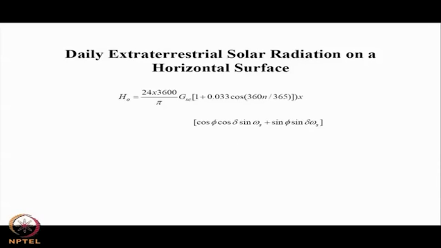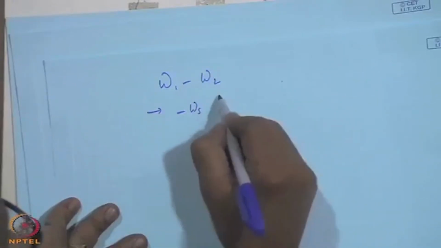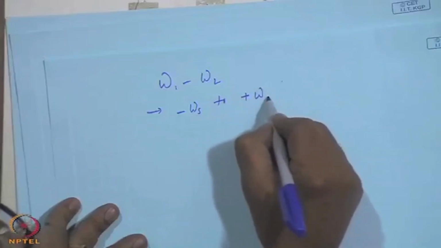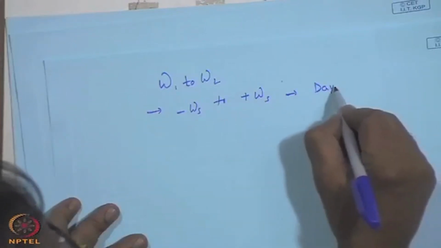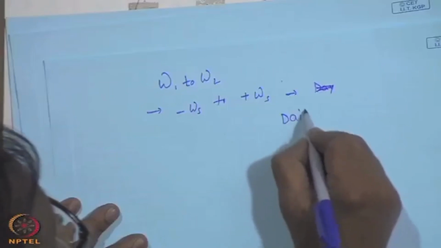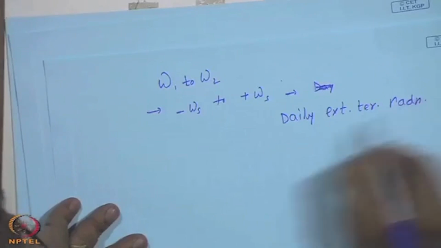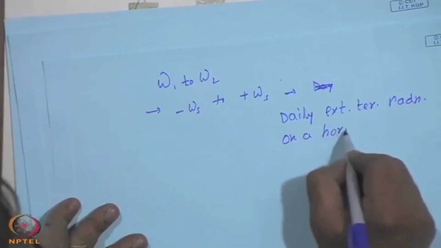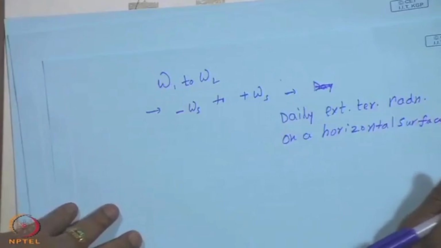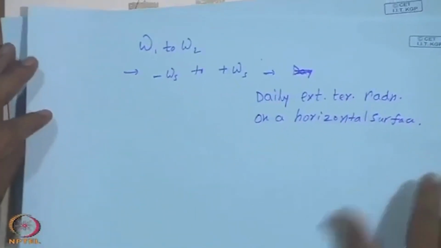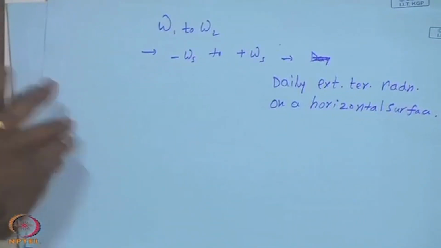Now, if I choose omega 1 to omega 2 as minus omega s to plus omega s, then that will be daily, right, because instead of the time interval being omega 1 and omega 2, if it is a symmetric function, you can write it as twice of omega 0 to omega s or minus omega s to plus omega s.